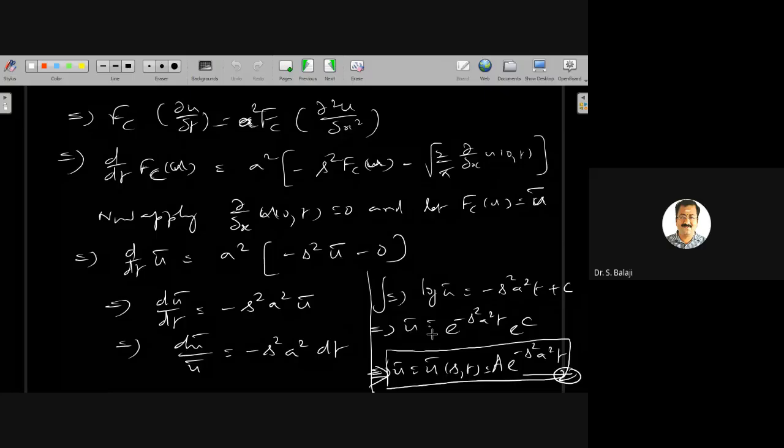Take the exponential: u bar of s comma t equals e power minus s square a square t and e power c.